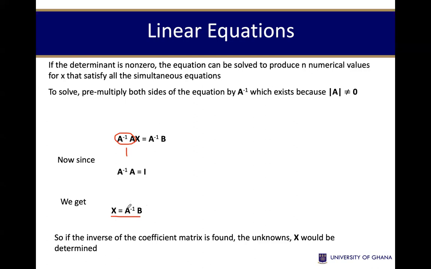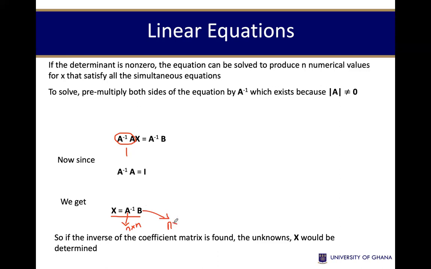Now, if I check well here, I know that this A inverse will also have a dimension of n by n. And lastly, B, which I know from the beginning has dimension n by 1.